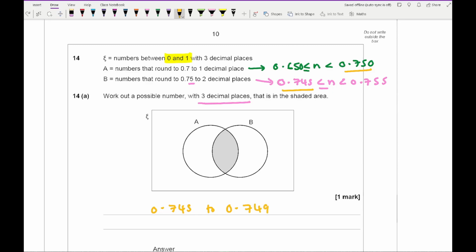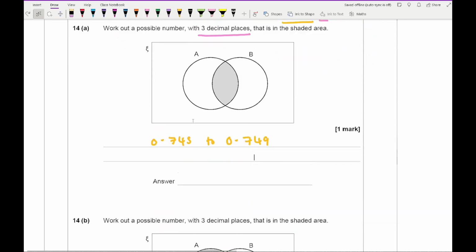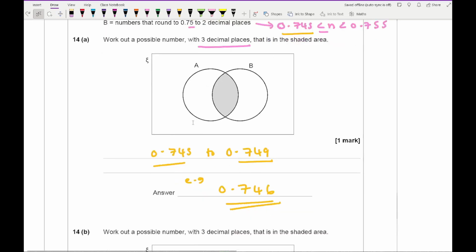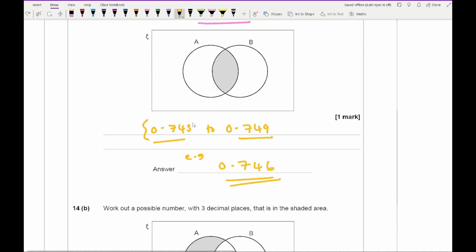Now, all you want to do is write down any number to 3 decimal places that is between these 2 numbers. As an example, I'm going to go for 0.746. And again, we're just writing down one possible number.